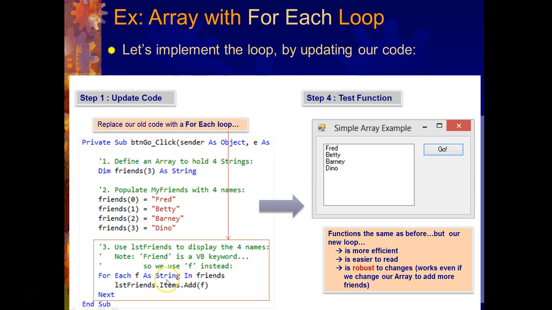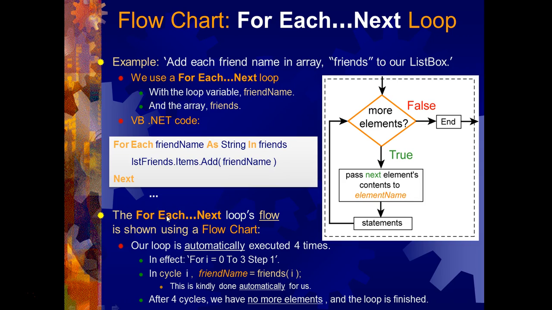And it's going to be exactly the same code, but it's going to put in all 10 people in here. Okay, so that's an example of using an array in the for each next loop.